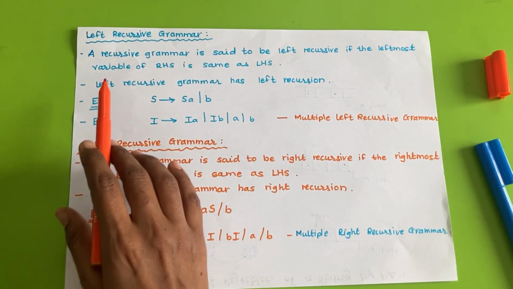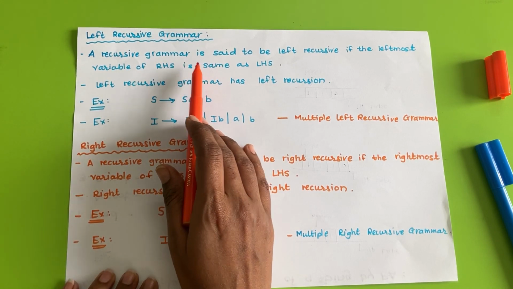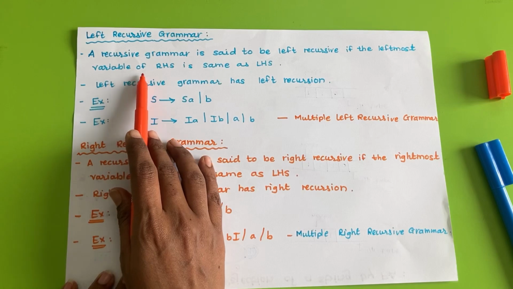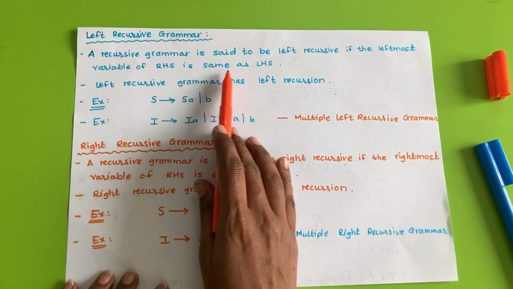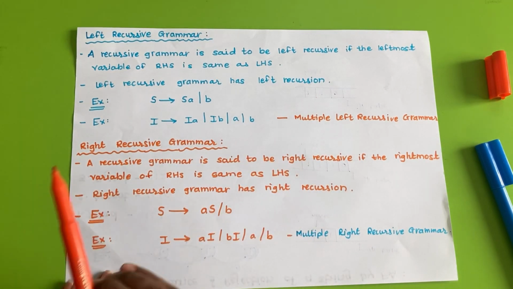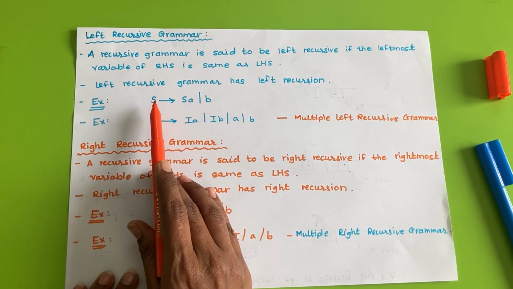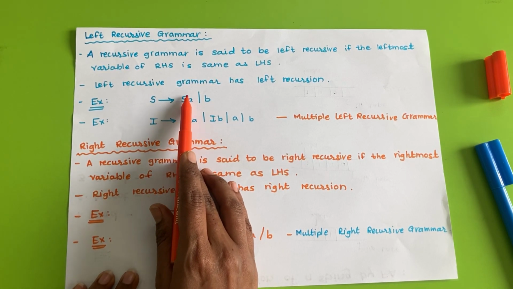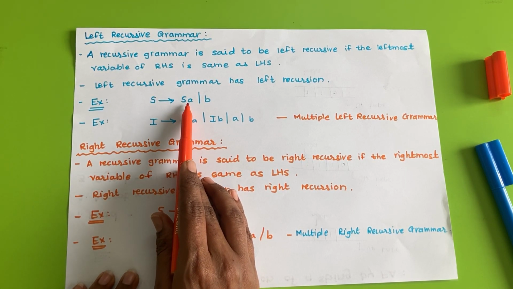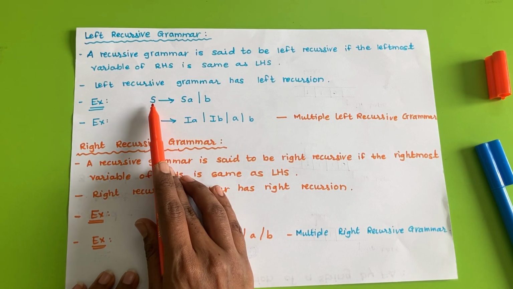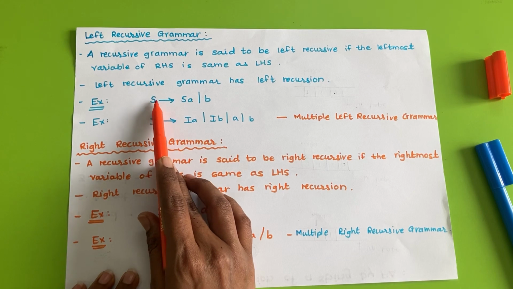A recursive grammar is said to be left recursive if the leftmost variable of the right hand side is the same as the left hand side. For example, if we consider this, the right hand side of the production rule has the leftmost variable same as the variable on the left of the production.